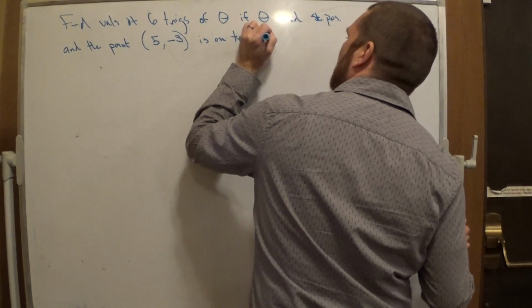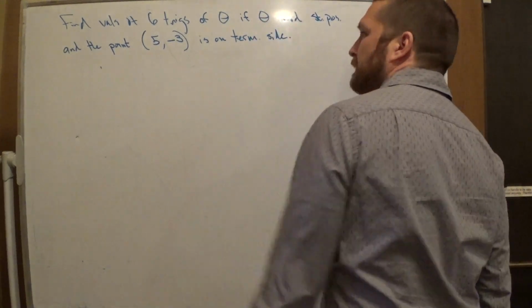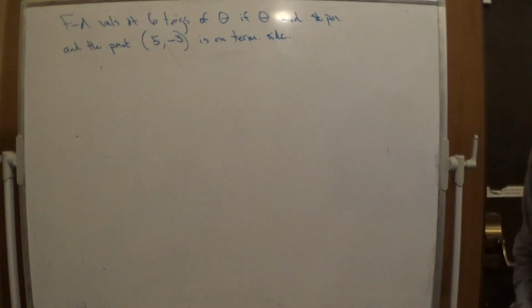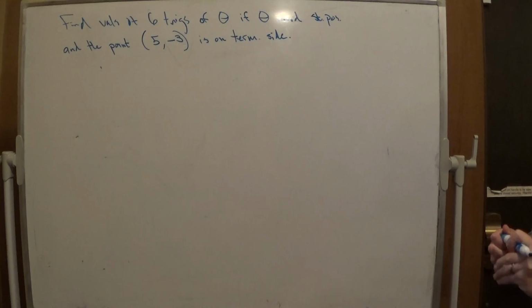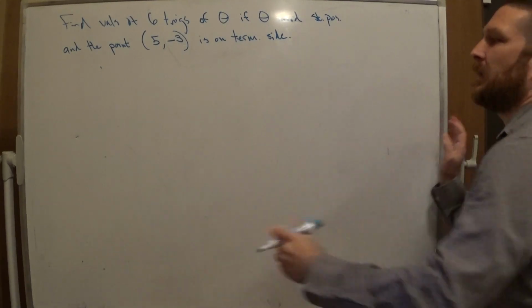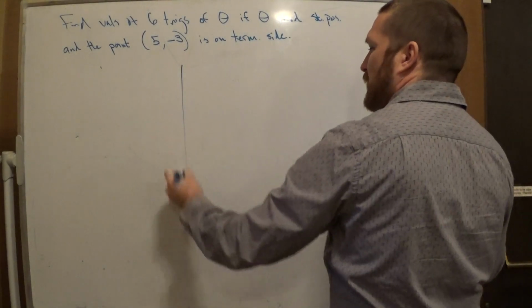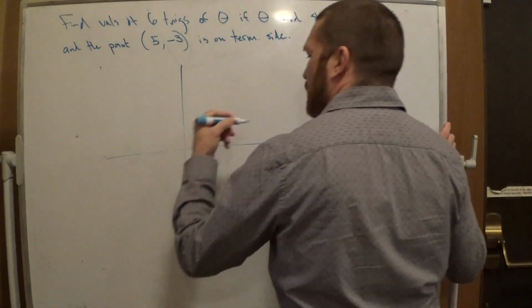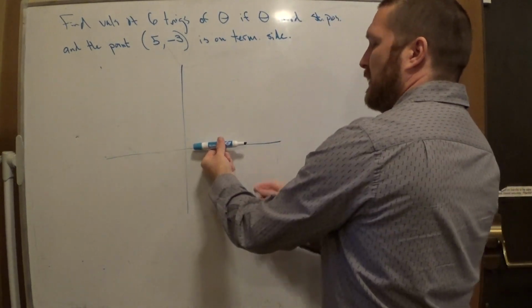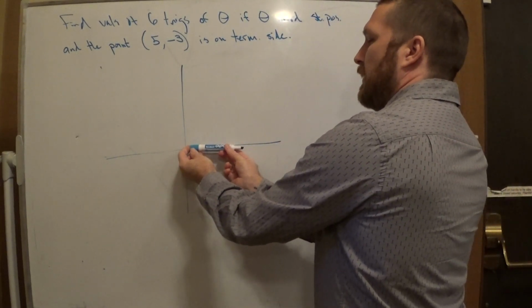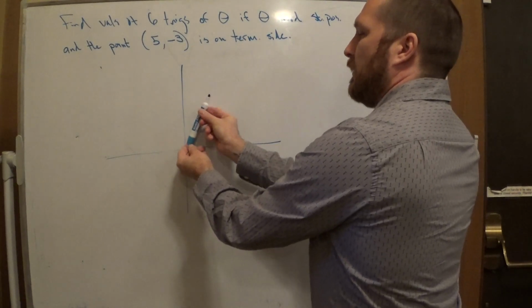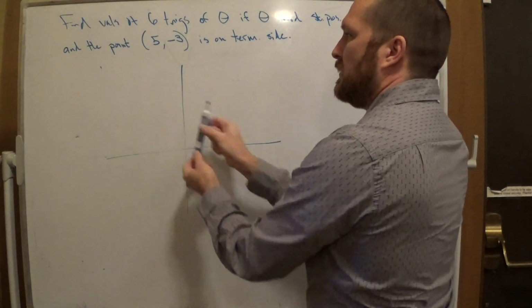Okay, we did these in class. You had homework on them. I want to go through this just to give you one, okay? So you're going to see something very similar to this. And just to be 100% clear of what I'm talking about here, we're imagining that we're measuring some angle theta starting here where theta is equal to 0, and we move in the counterclockwise direction to some point.